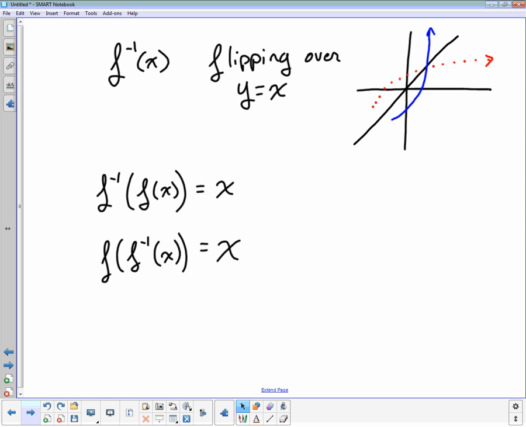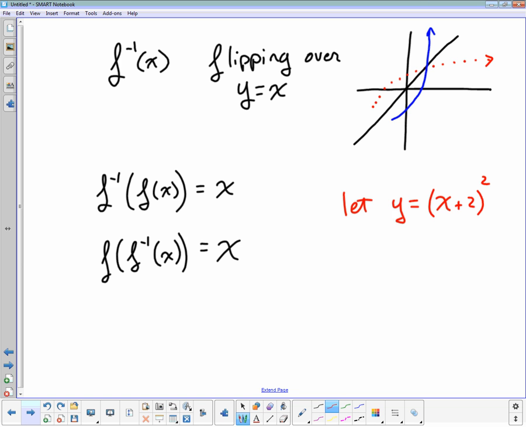If it's an inverse, if I plug one into the other, I get back x. Let's prove that. Or rather, let's show that. So we know how to take an inverse. We've done it before.